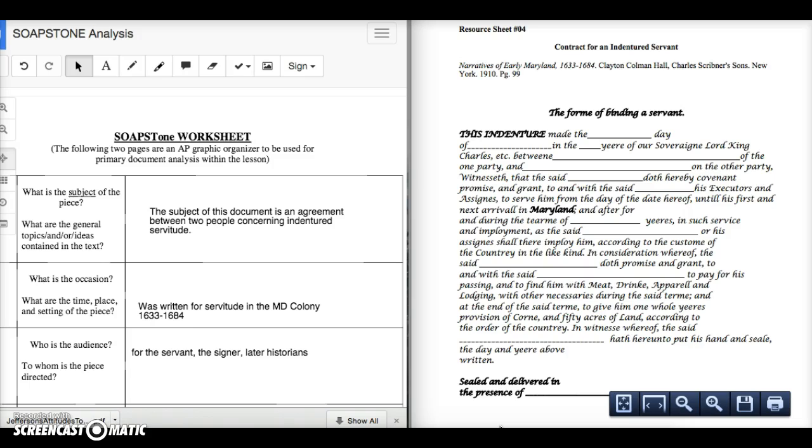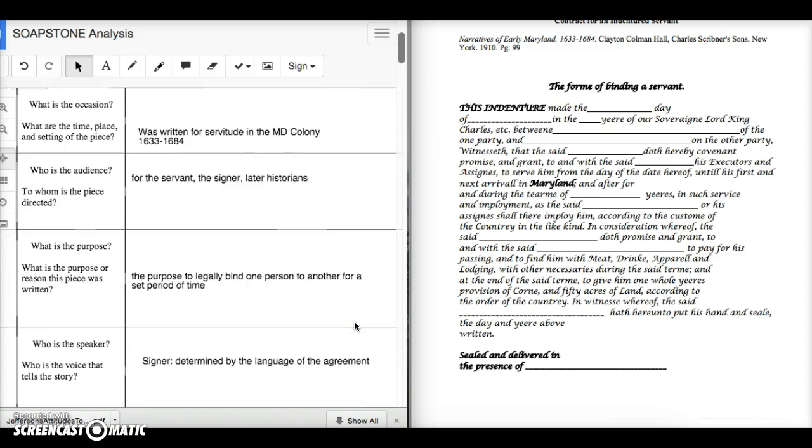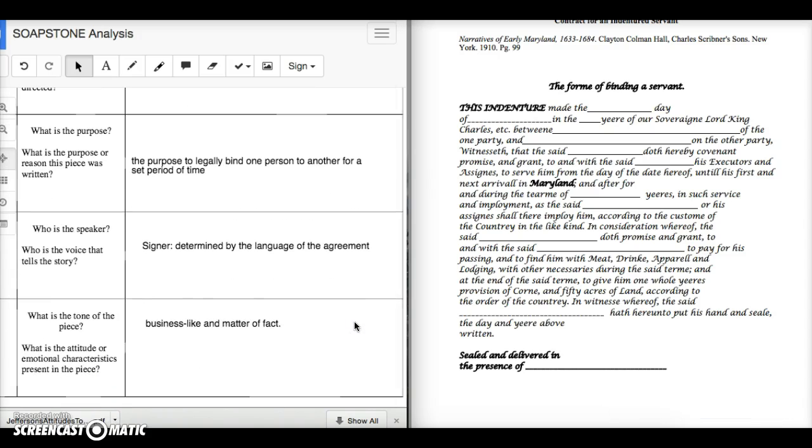The audience, the person intended to read this document, was the servant and the signer. We're using it now because we're historians. The purpose of this document was to legally bind one person to another. The speaker is the signer of the agreement, and the tone is just businesslike.